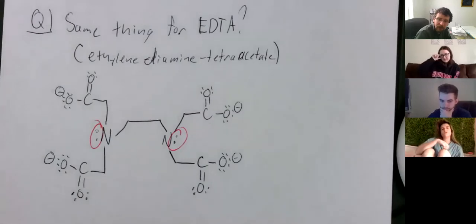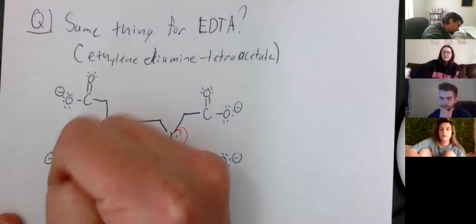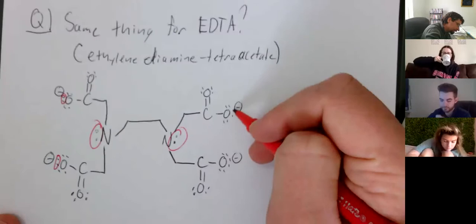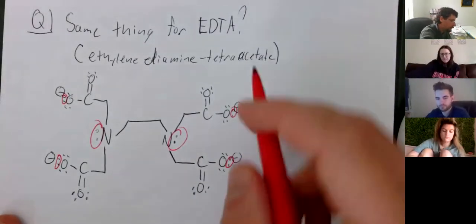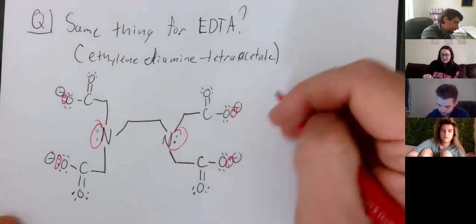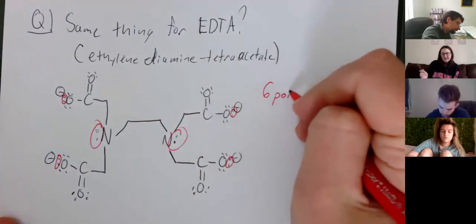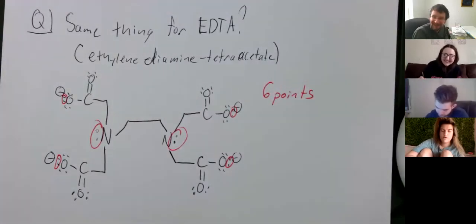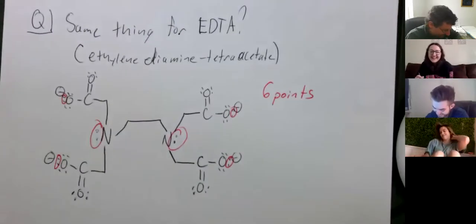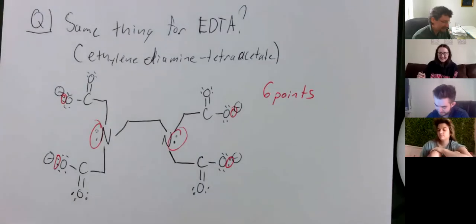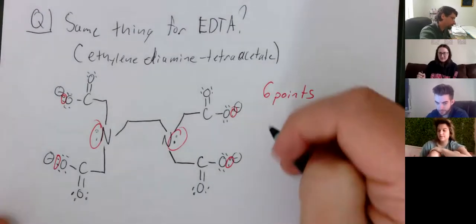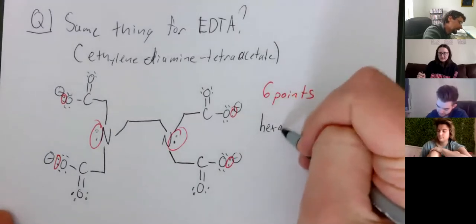It would just be the 4 outer ones, the non-double ones, because they have that negative formal charge. So how many points of contact do we have? 6. Yep. So what type of ligand is this? Hexadentate. Yep.